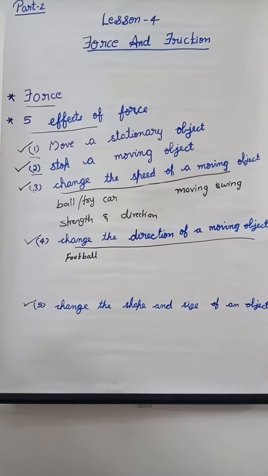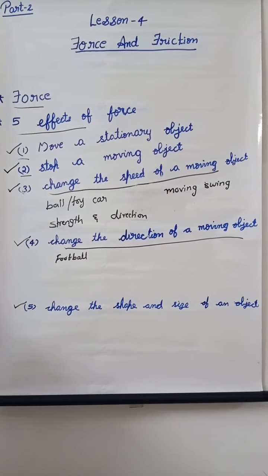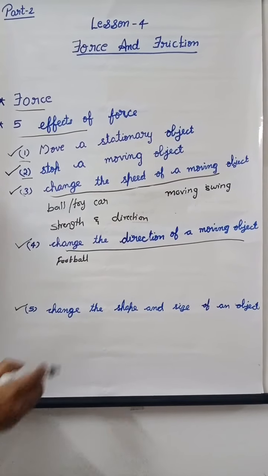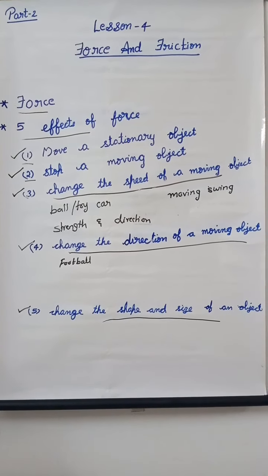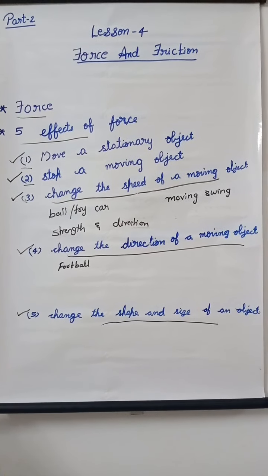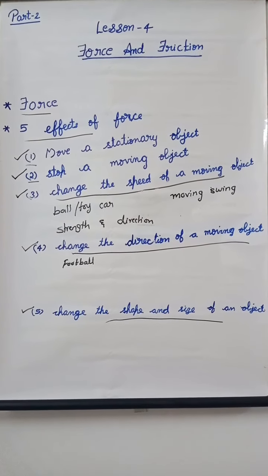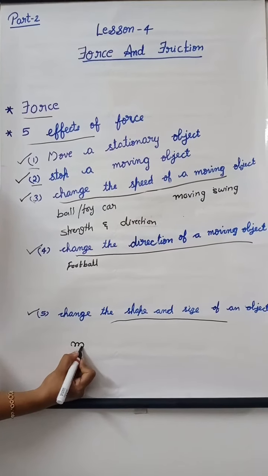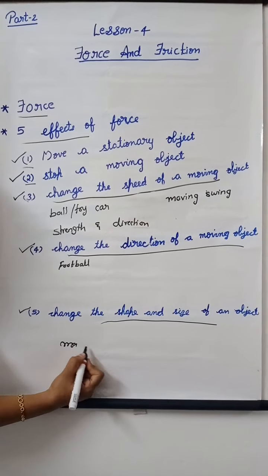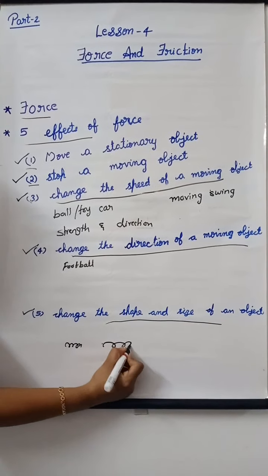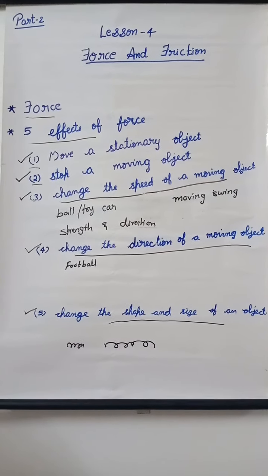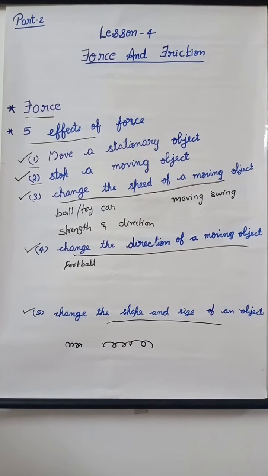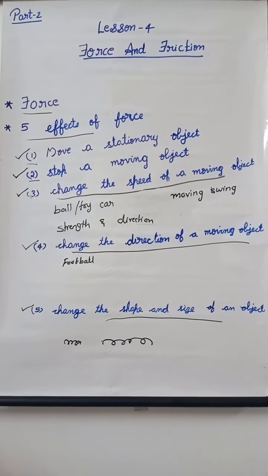Now the fifth effect of force is that it can change the shape and size of an object. For example, while stretching a spring, we are applying a force on it. When we are stretching it, it will get expanded. So naturally, the size of the spring will be increasing and its shape is also changing.